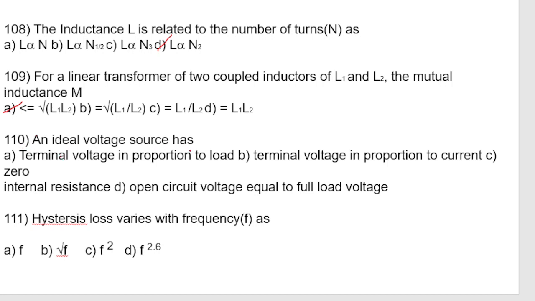An ideal voltage source has terminal voltage independent of current, zero internal resistance, and open circuit voltage equal to the full load voltage. So option is C. An ideal voltage source has zero internal resistance.